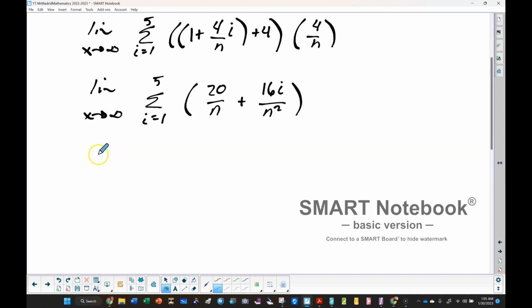Let's apply it here one more time, which will help with these earlier exercises if you need it.